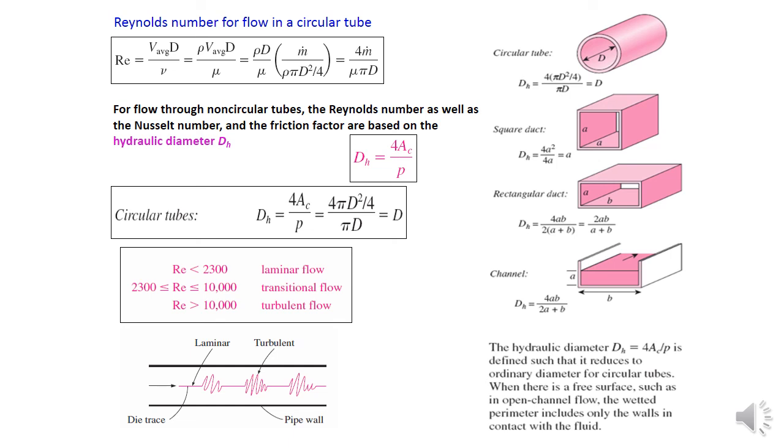For a circular tube, you can see here the hydraulic diameter is equal to the diameter of the pipe. And for the most practical condition, a Reynolds number less than 2300 is laminar flow, transitional flow is between 2300 and 10,000 Reynolds number, and turbulent flow is above 10,000 Reynolds number.